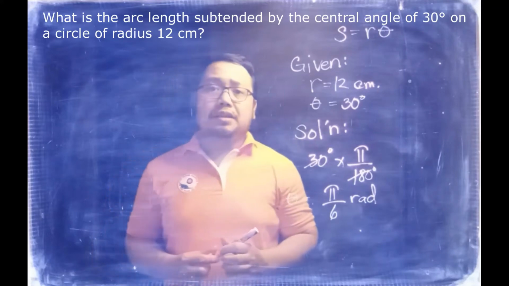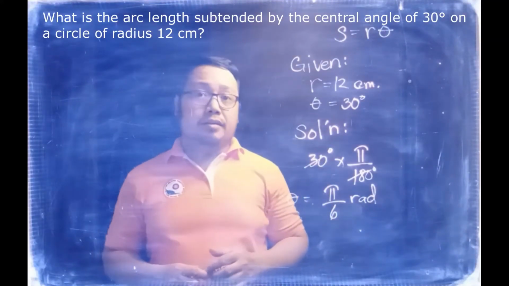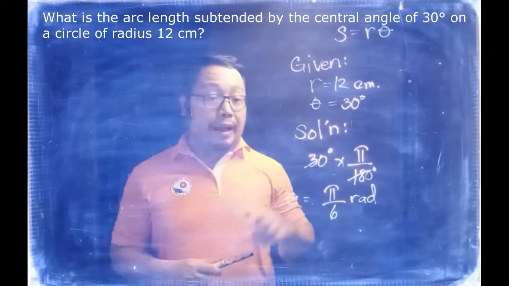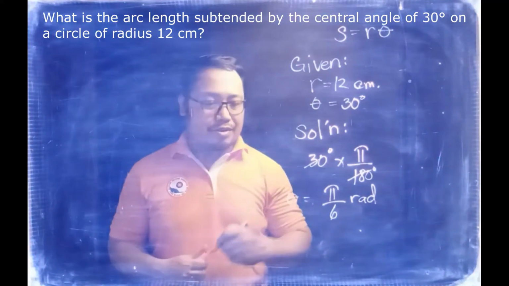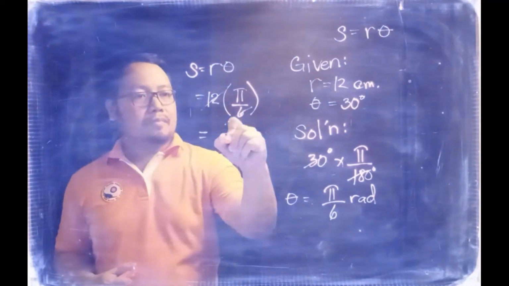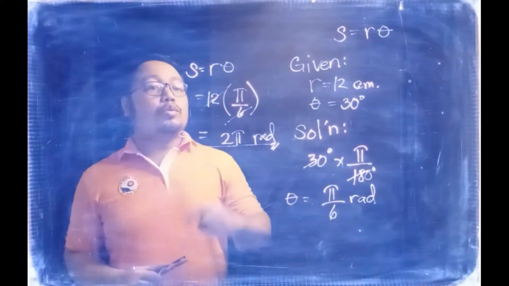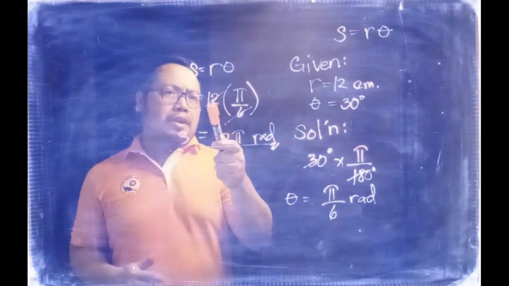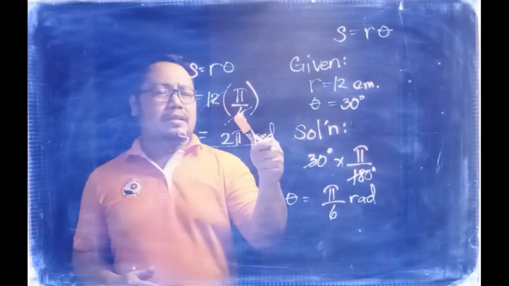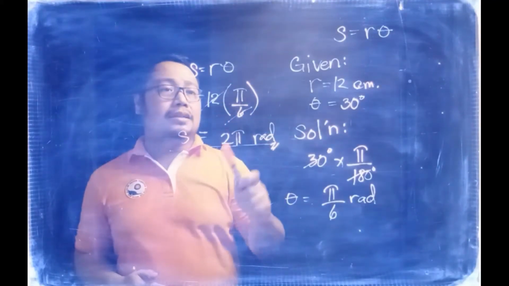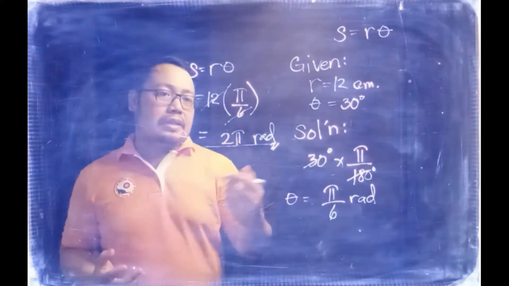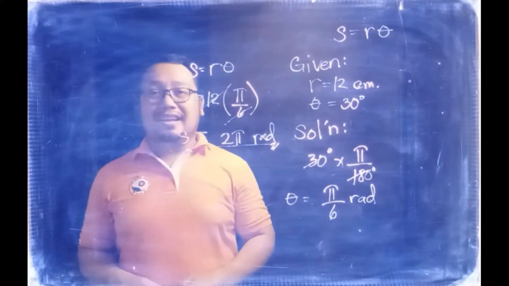Since our angle is now written in radian measure, we can now multiply this by the radius. So our arc length is now equal to 2 pi because we multiply the radius by the angle pi over 6 radian and gives us 2 pi radian.